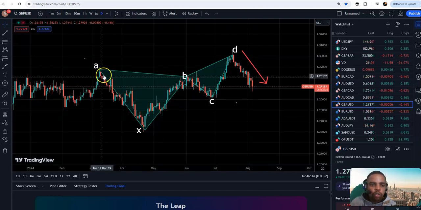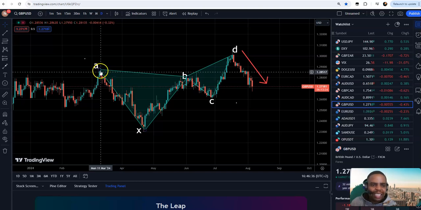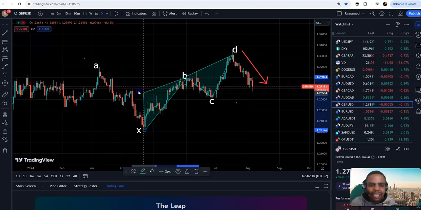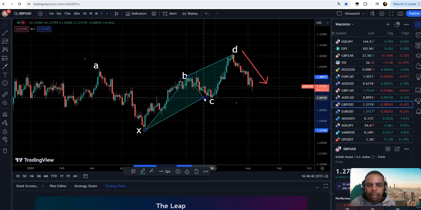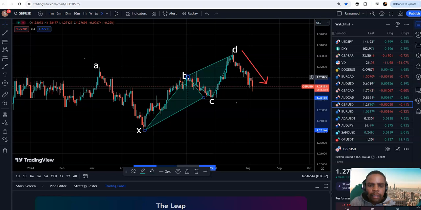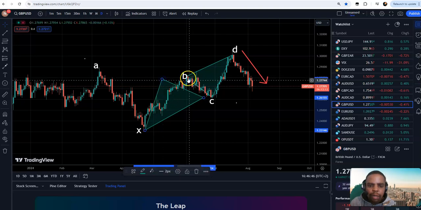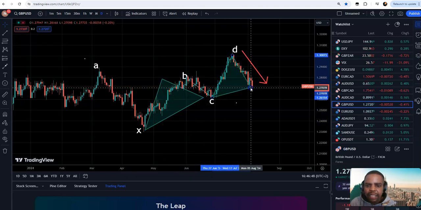But now I've also realized something, that there is another harmonic pattern that is in formation here. Let me just readjust my, yes, I think there is another harmonic pattern in formation here.